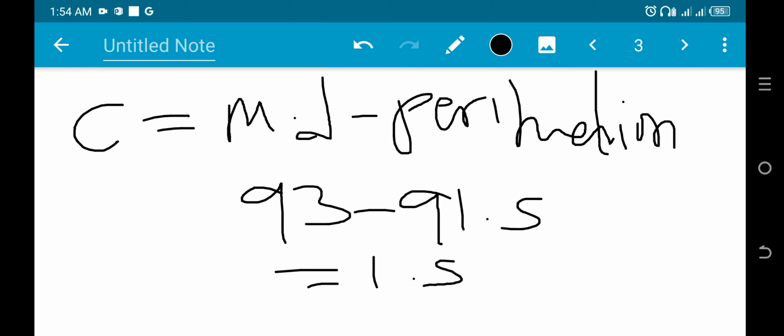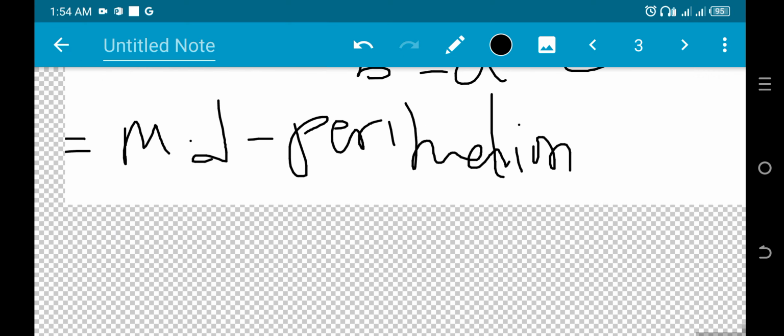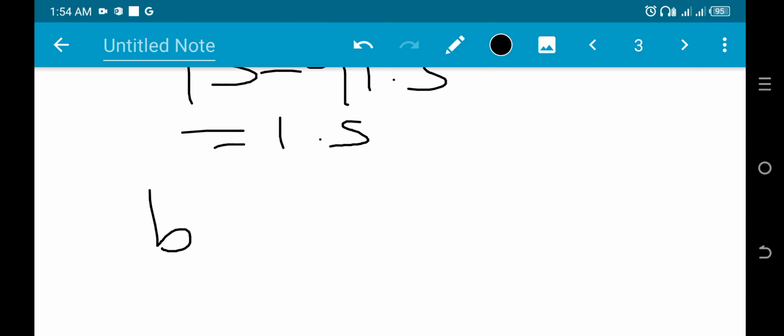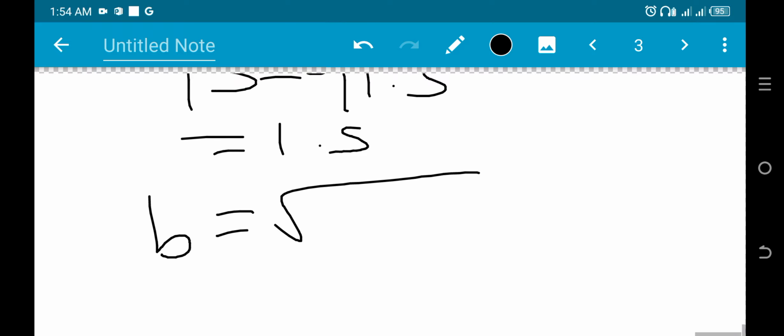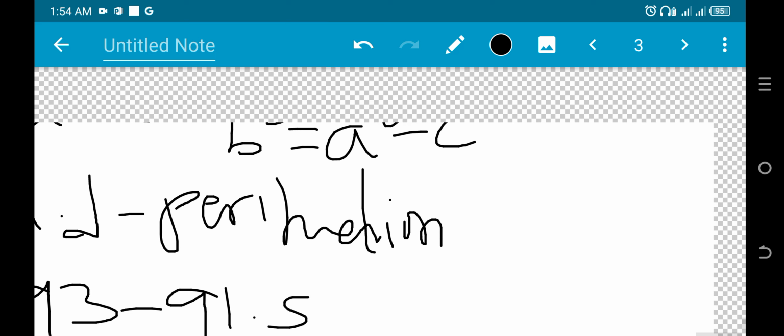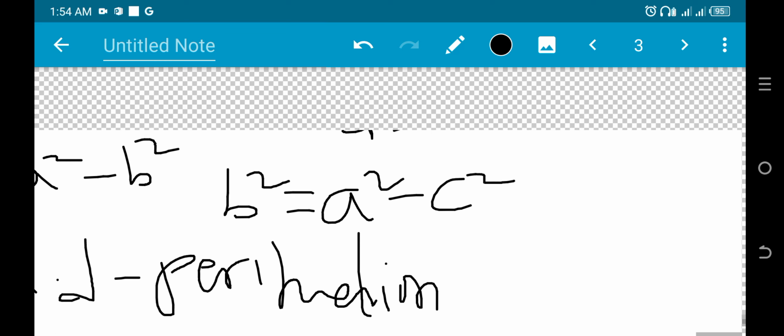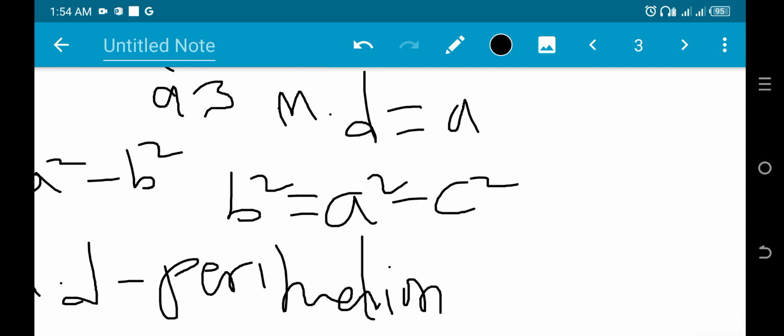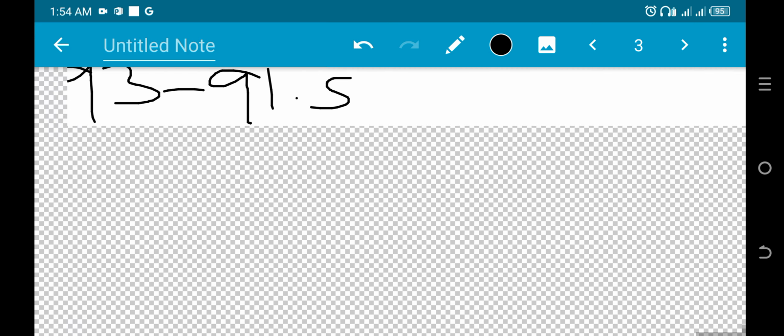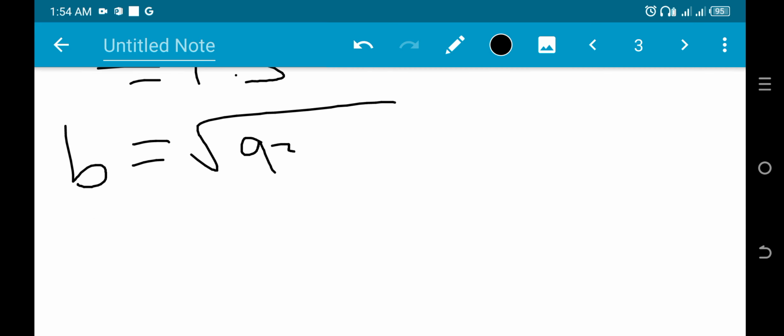So this is our c. Now b is equal to the root of, what is our mean distance, which is a squared, 93 squared, less 1.5 squared, which is c squared.